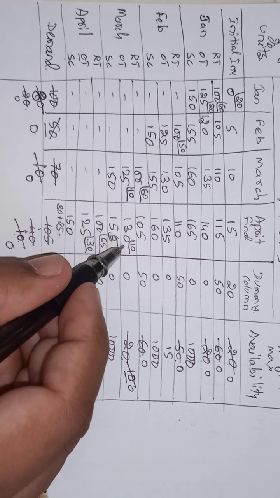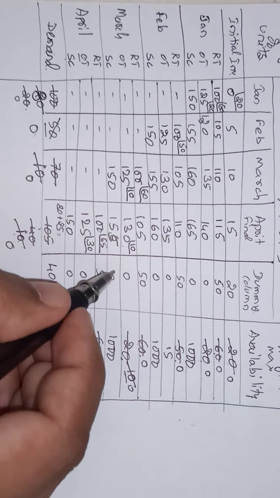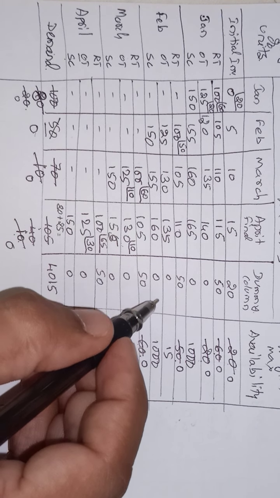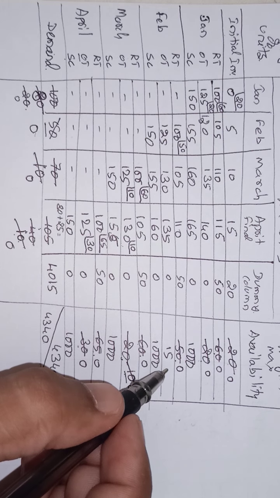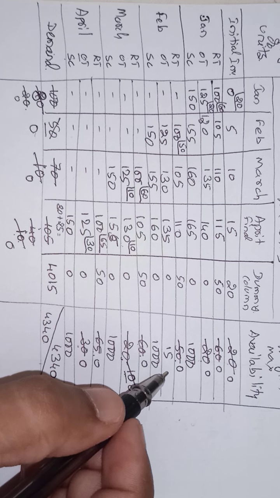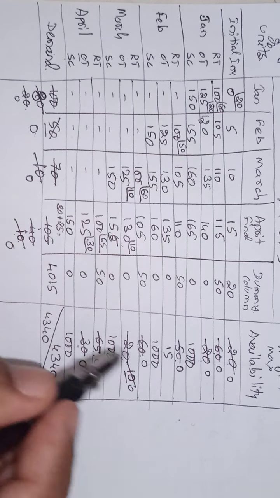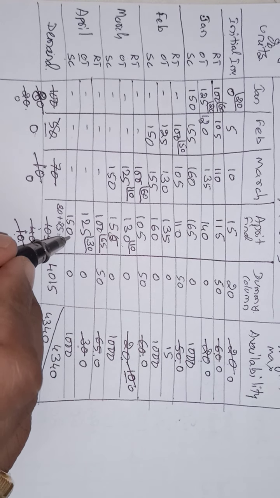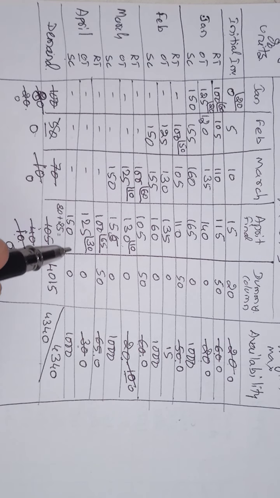If it is not available, then only you can use subcontracting to solve the problem, right? If it is also not available here, then go to February. You should check whether it is available or not. If it's not there, then you should go to January, right? If it is also not available there, then you should add it in the subcontracting cost, right? Point is clear?